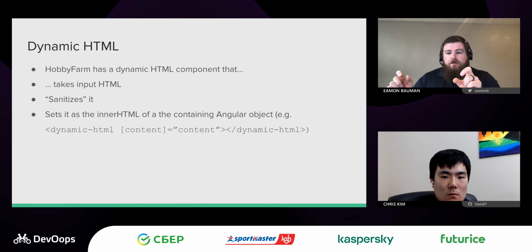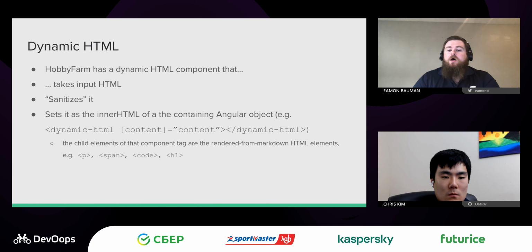That dynamic HTML component then sanitizes the input HTML, and all of the child components are entered underneath that dynamic HTML block. So the P tags, span tags, code tags, H1 get inserted as child components of the dynamic HTML block.